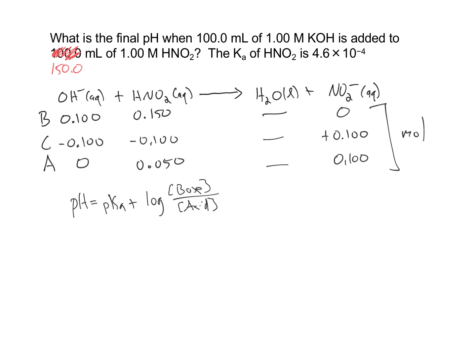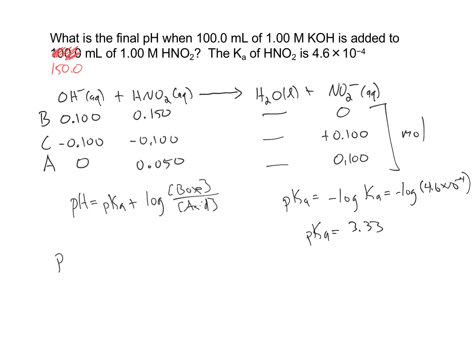So the pKa of the acid is the negative log of the Ka. So we have the negative log of 4.6 times 10 to the minus 4. And so I'm getting 3.33.